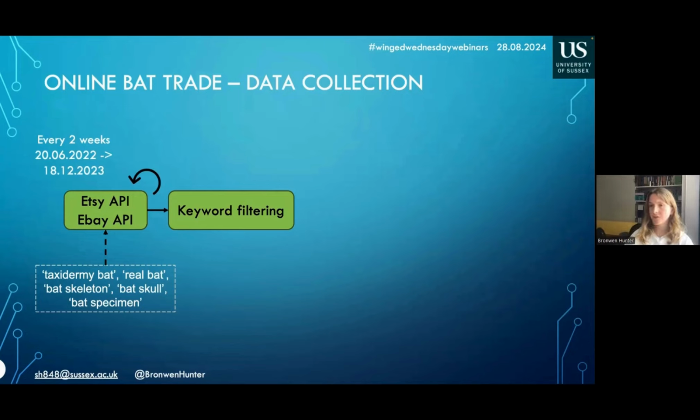So here I first just used some keyword filtering. There were particular words that indicated that the listing wasn't relevant. It wasn't a bat, it wasn't a preserved bat or a specimen. Things like t-shirt, sticker, that just showed me that's not what we're interested in. So I used those keywords to do the first step of filtering.